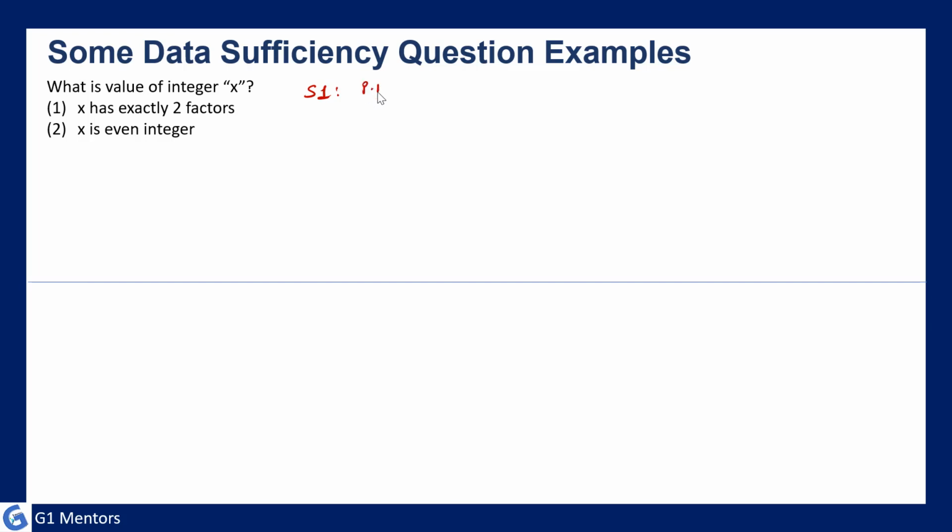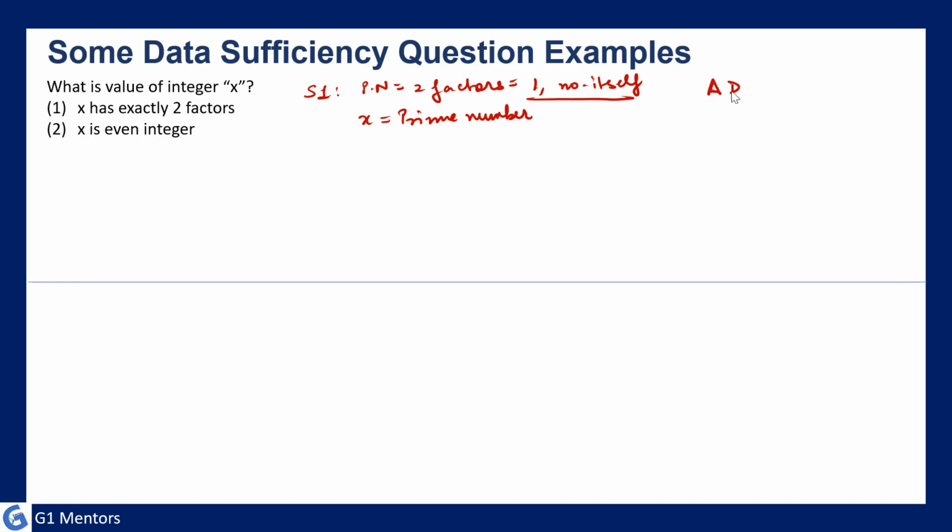We know that all prime numbers have exactly 2 factors, which are 1 and the number itself. So by statement 1 alone, we are able to tell that x is a prime number, but we are not able to tell what the value of x is.